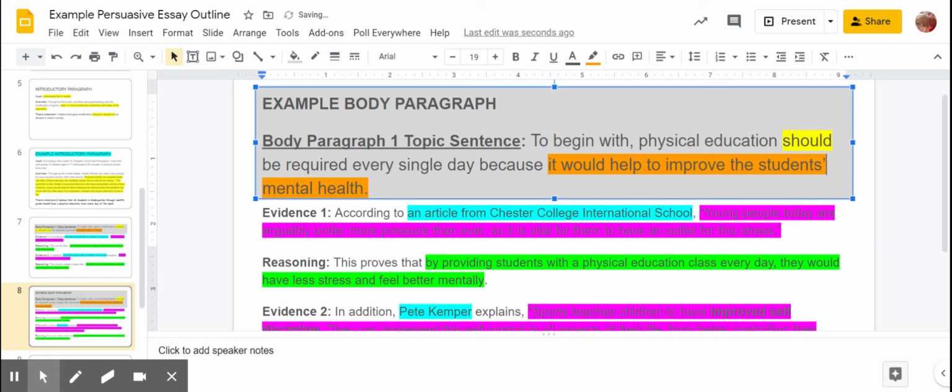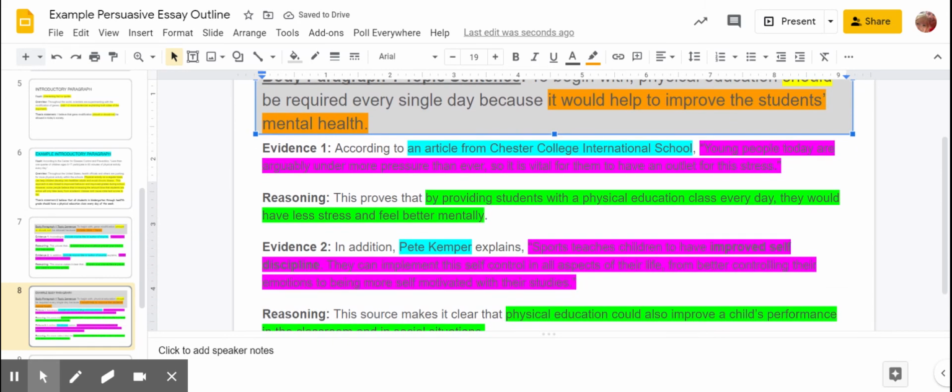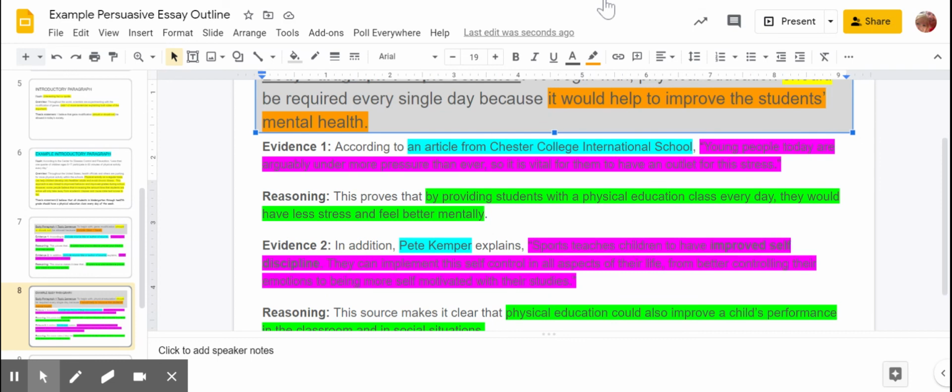There we go. So my evidence, I found an article right here from Chester College International School. And what I need to do, so I'm quoting that one. It says, according to an article from Chester College International School, because that's where I got it from, young people today are arguably under more pressure than ever, so it is vital for them to have an outlet for stress.